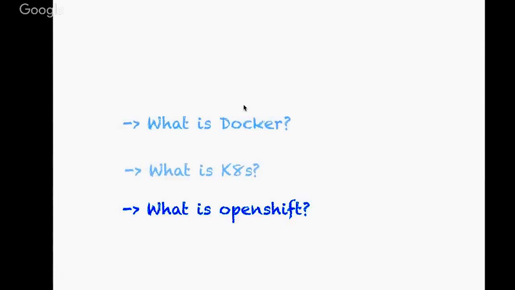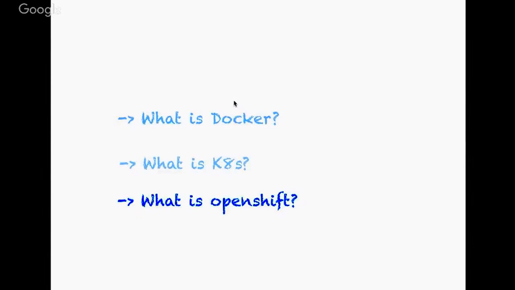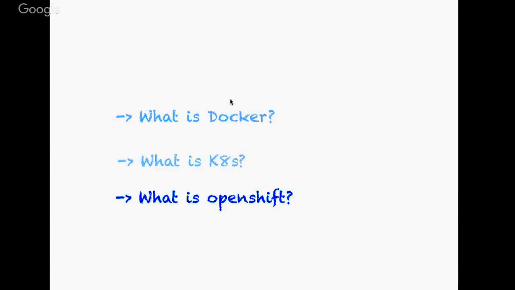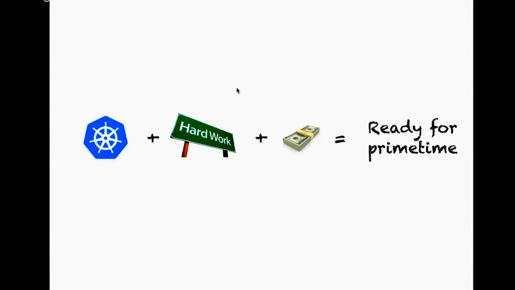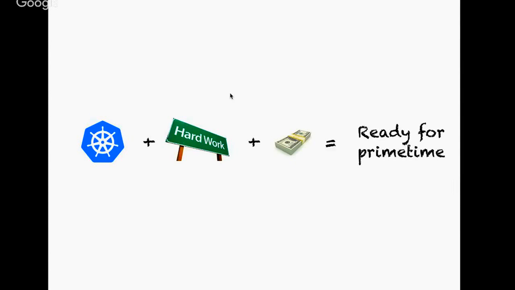And then finally, what is OpenShift? We know we have Docker that is relevant for your applications. There is Kubernetes that is relevant for deploying your applications. But why do we need another thing called OpenShift? This is OpenShift in one slide. You take Kubernetes.